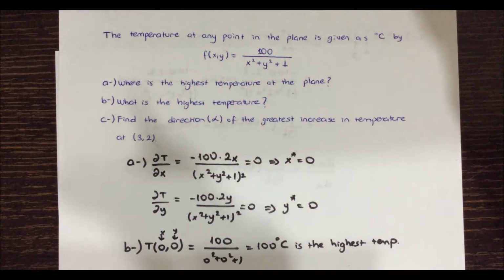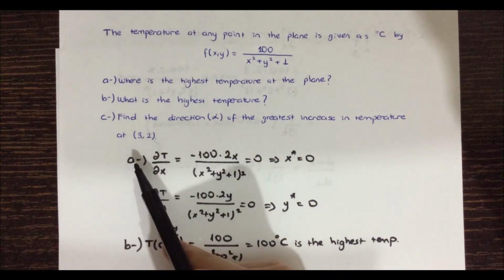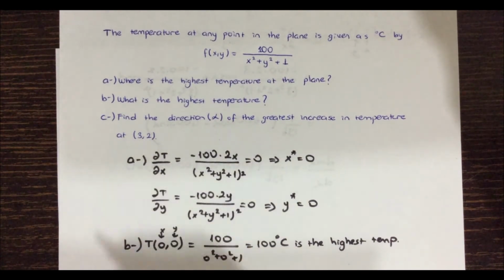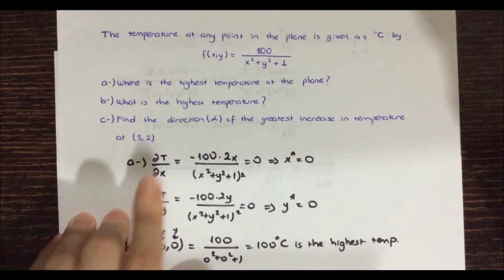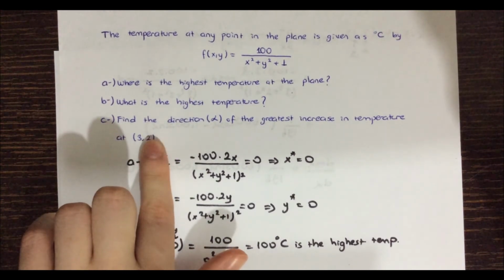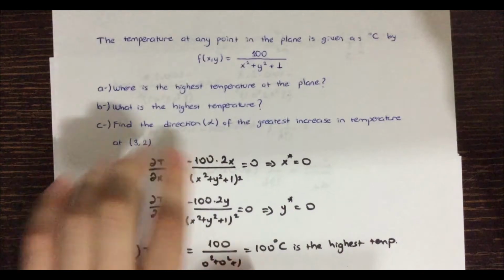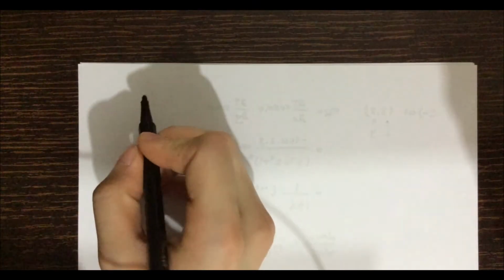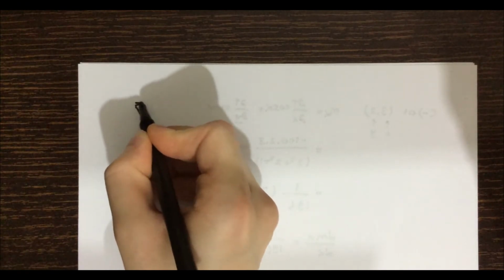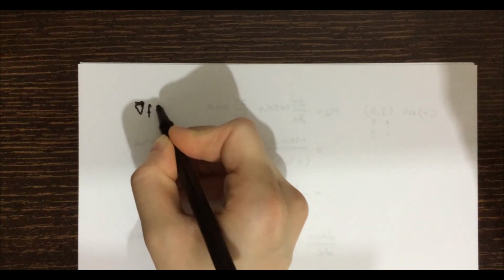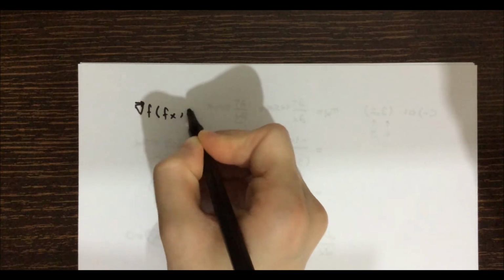And we found this and this in the question of A. So we have a divergence formula. We are trying to find this in terms of the divergence formula. So we have fx and fy.